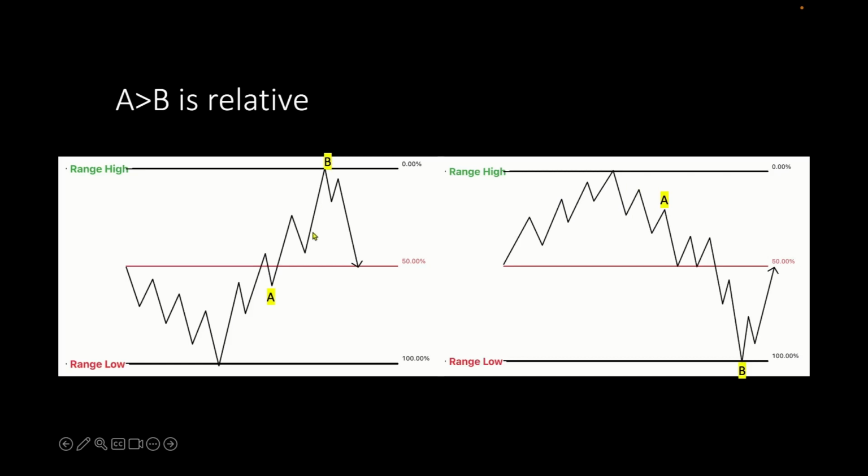This stage is what we call our first stage of accumulation within a market maker buy model, and within a market maker sell model, it's our first stage of distribution. What stage you enter on is simply a result of your personal preference and what you feel most comfortable doing.